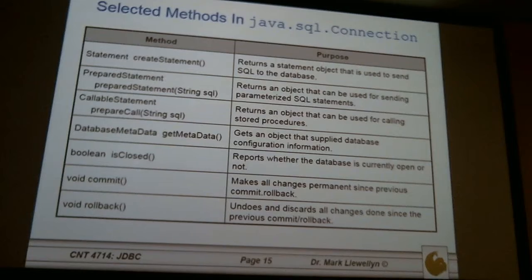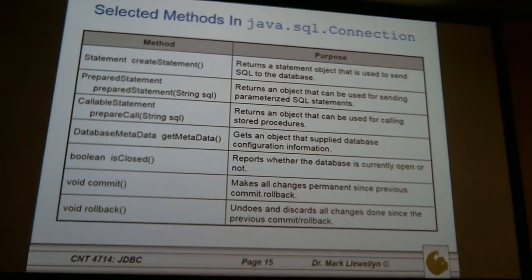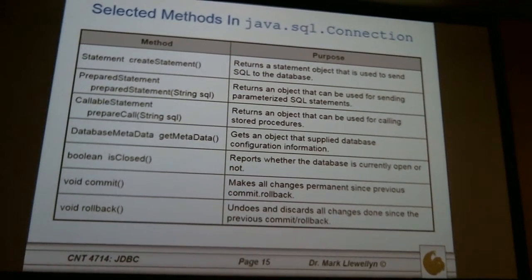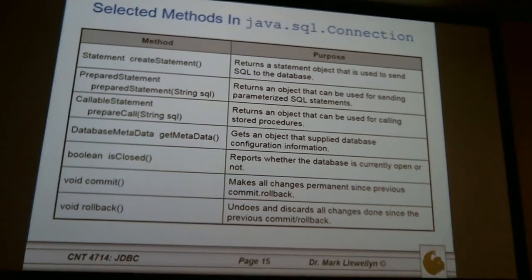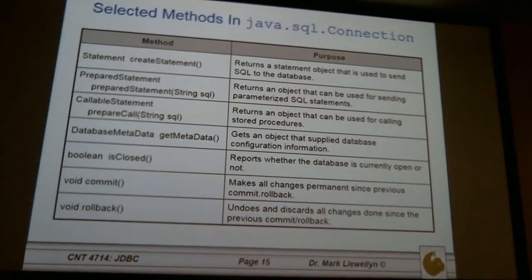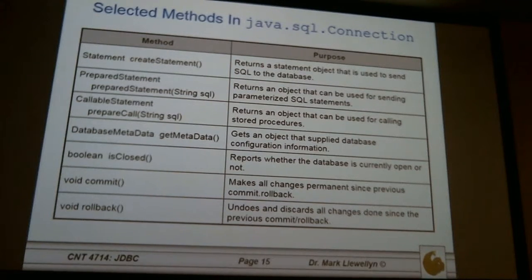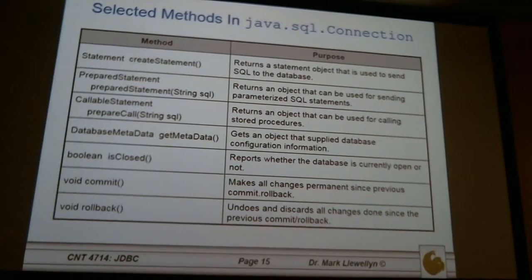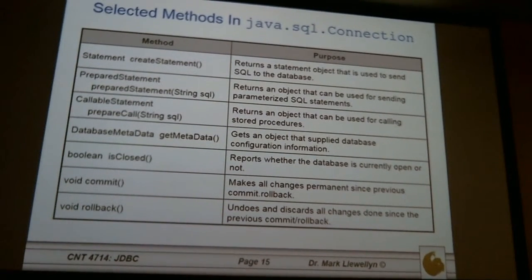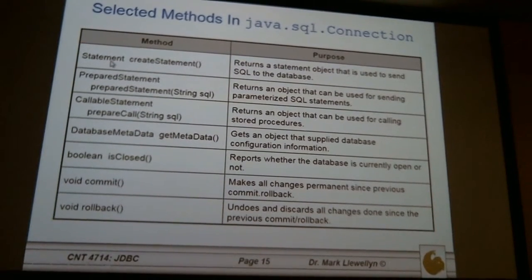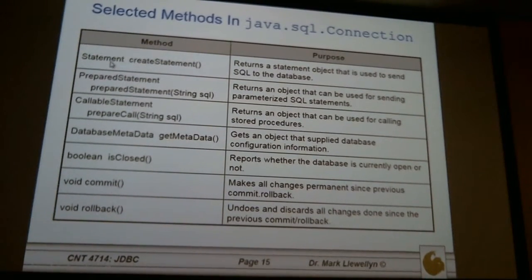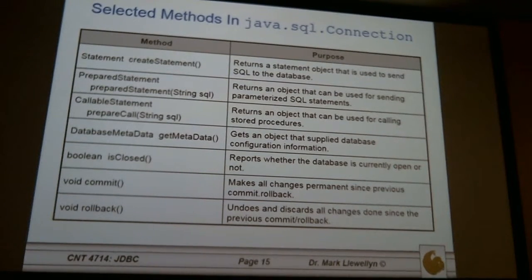A prepared statement is one where the application is just providing the parameters to the input. You're not typing an SQL query or insert statement, you're just giving it data. The application in the background is putting that data into the actual query or update that's going across, and the user doesn't even see that. The statement one is the more general one, and the user can create any kind of SQL statement they want.